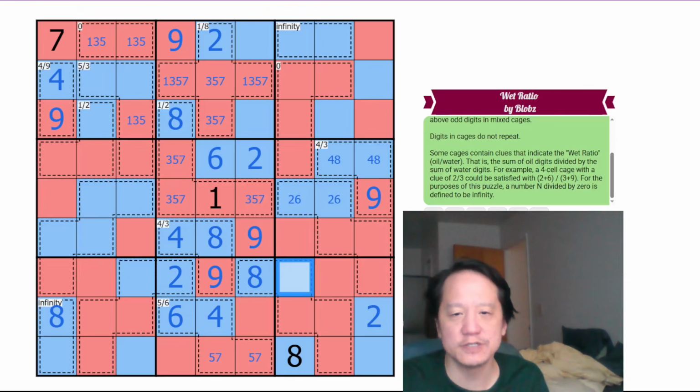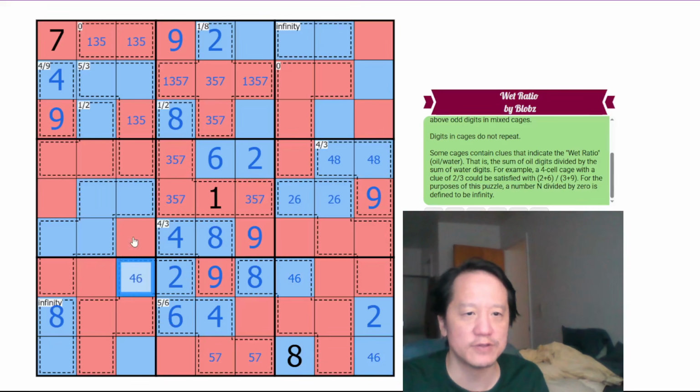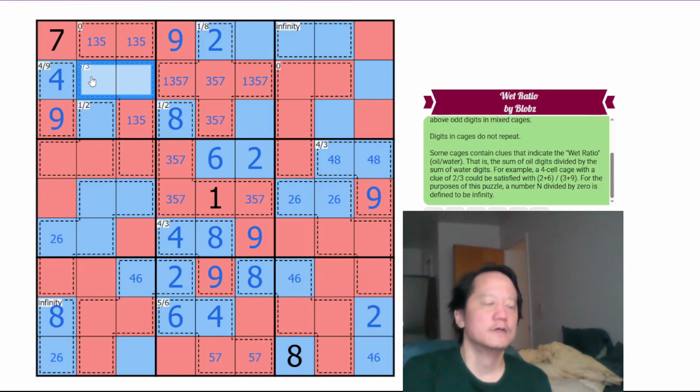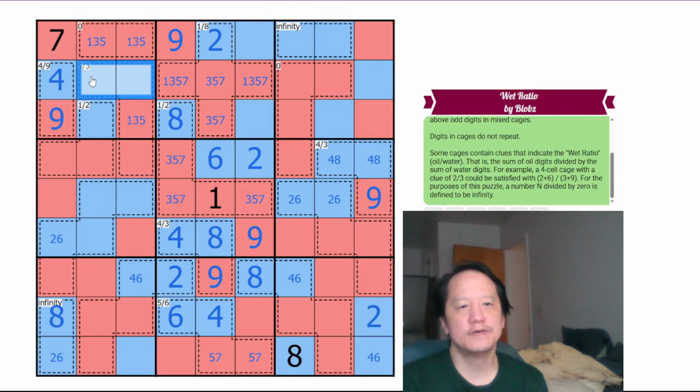We have 4, 6 here as a possibility, and 4, 6 here as a possibility. Same with this. We have 2, 6 here and 2, 6 here as possibilities. So this adds up to 5 versus 3. 5 is obviously not an even digit or even sum, so it can't be 5.